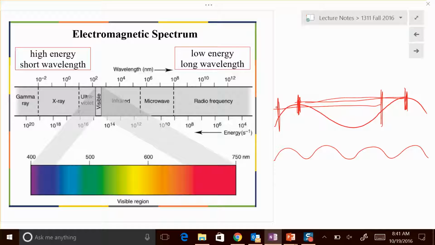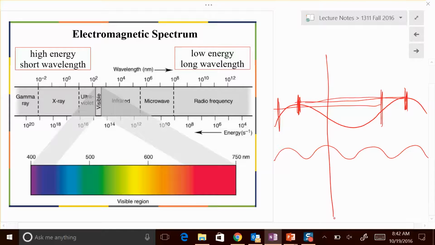Are we agreed? If I am measuring how many waves pass this point per second for this wave or for this wave, which one is going to have more wavelengths per second pass? The shorter one. That's called frequency. Frequency is measured in hertz, which is simply per second, meaning basically wavelengths per second.